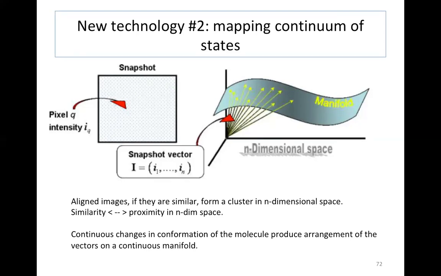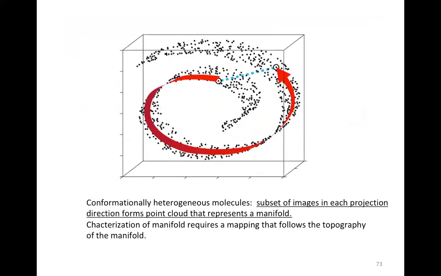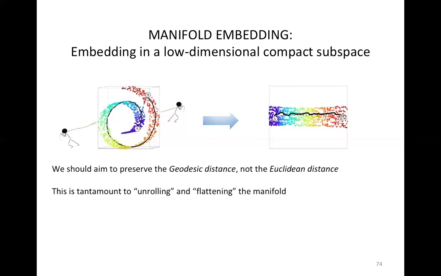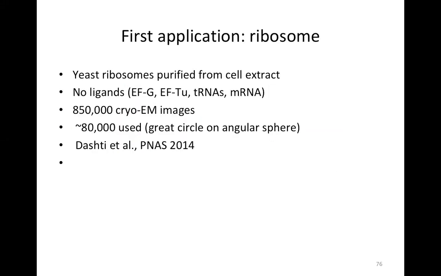So it's a way of flattening this distribution of conformations into a low-dimensional space, and then studying this low-dimensional space for systematic changes of the structure. So we need to use some kind of an embedding technique, manifold embedding. Okay, so the first application was to the ribosome.